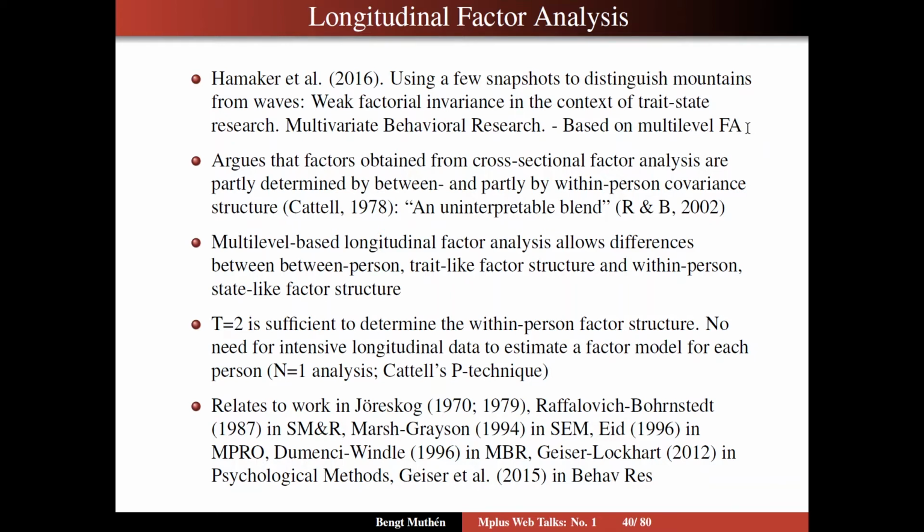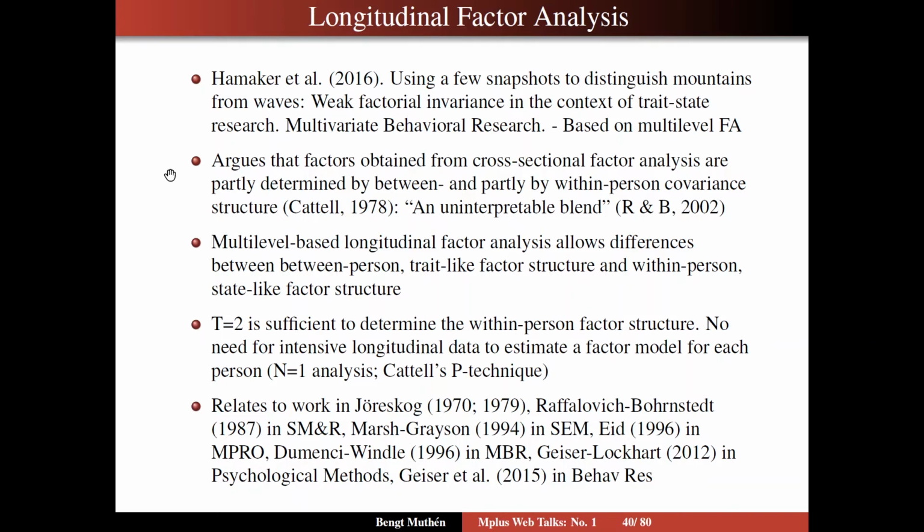It was called the CUTS model, Common and Unique Traits and States, I think it translates to. So it argues that factors obtained from cross-sectional factor analysis are partly determined by between and partly by within-person covariance structure. And that's referring back to work by Cattell in 1978.